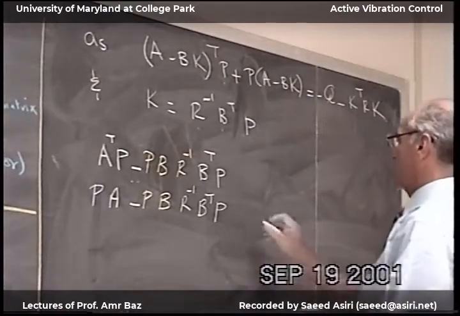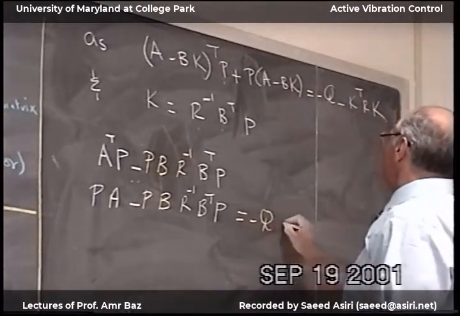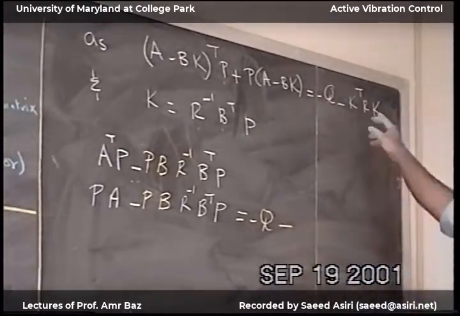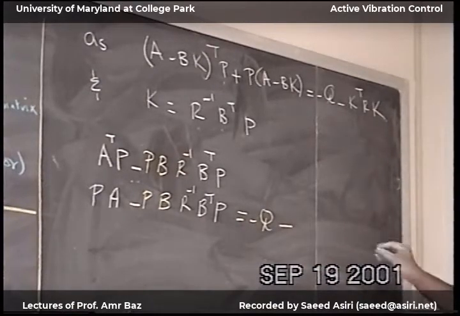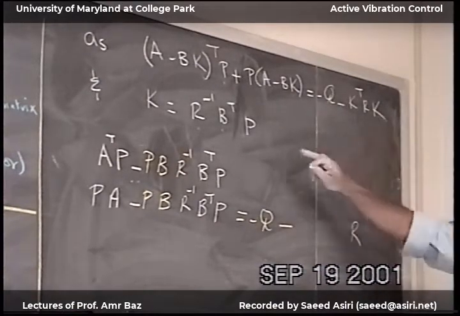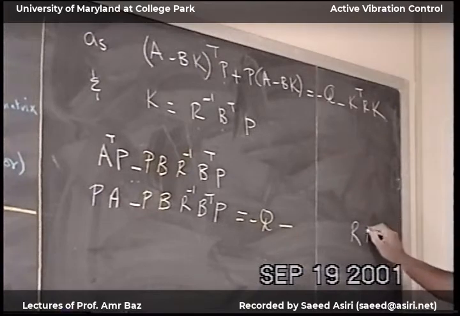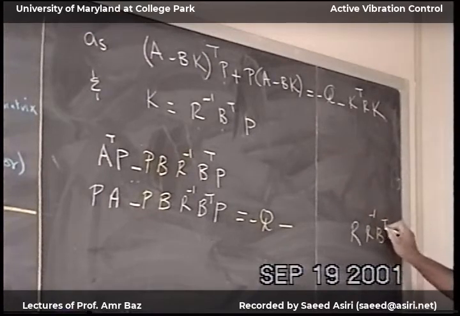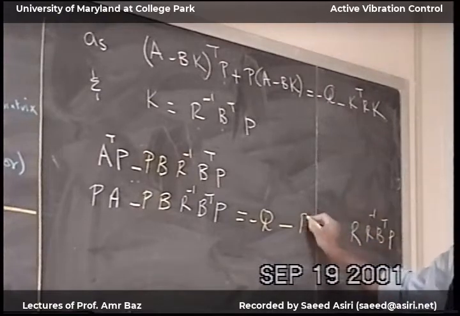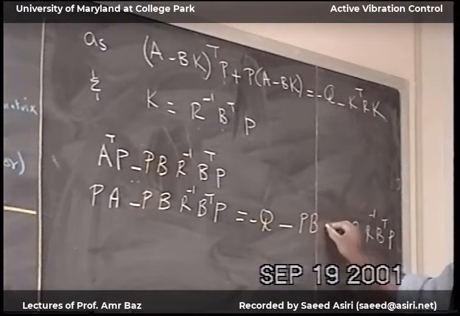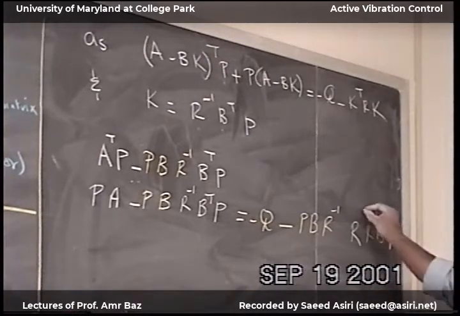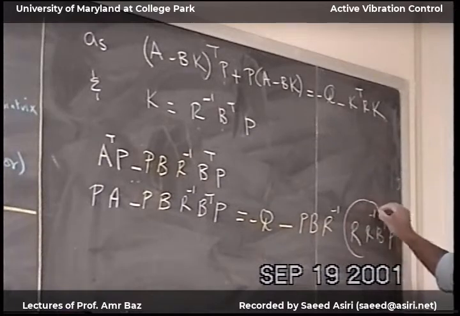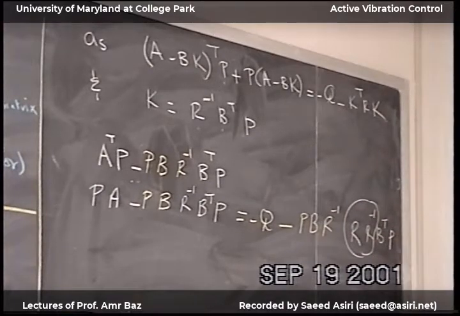And this should equal minus Q minus R, and then K is R inverse B transpose P. K transpose will be the flip over of this, so this will be P B R inverse. Now look at what we have here. These two will be identity matrix.